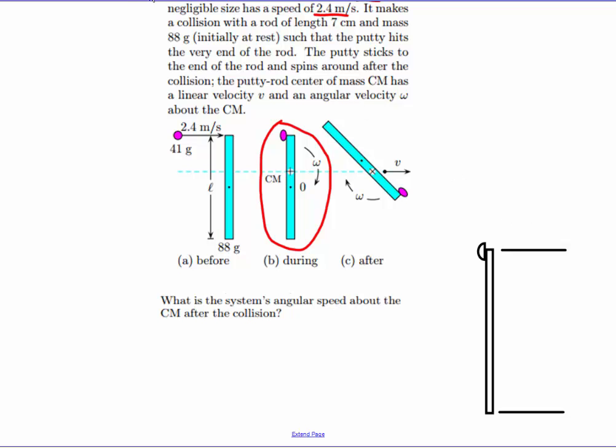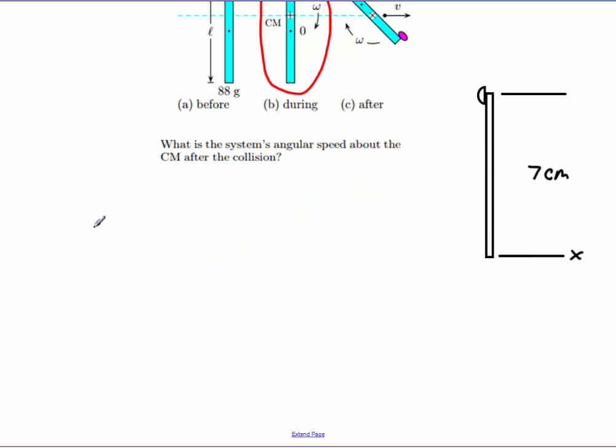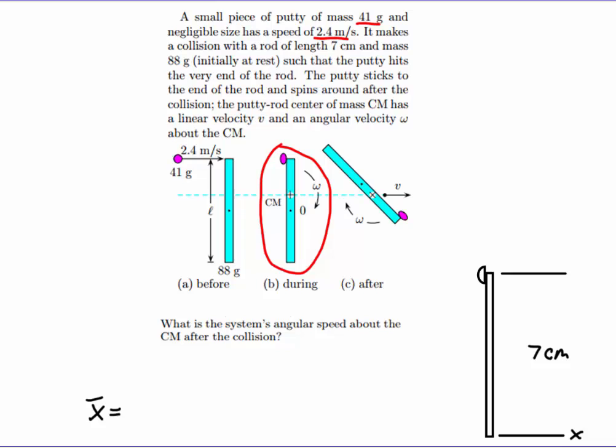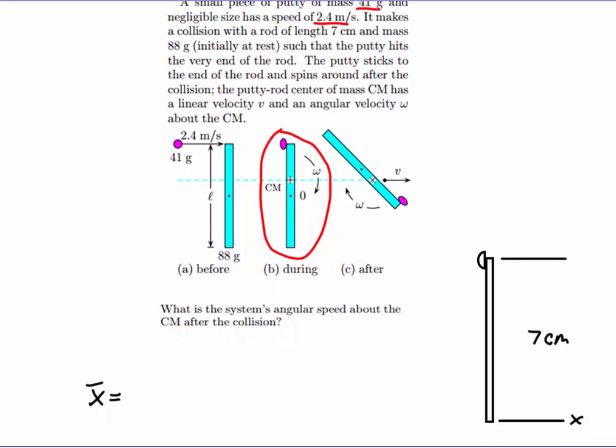Okay, the length of this is 7 centimeters, right? So again, it doesn't matter whether I change this to meters or leave it at 7 centimeters right now, to do center of mass. So I'm going to let this be my x-axis. To do that, can I not say that x bar is going to be equal to the mass of the rod, and the mass of the rod is 88 grams, right?